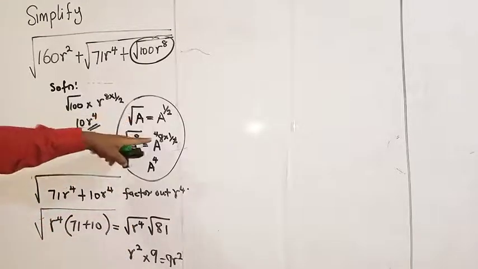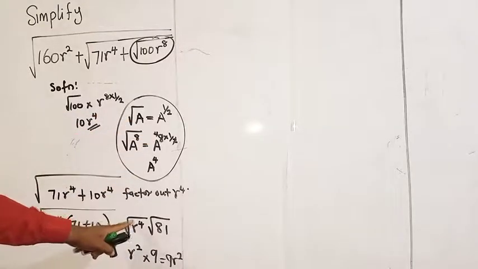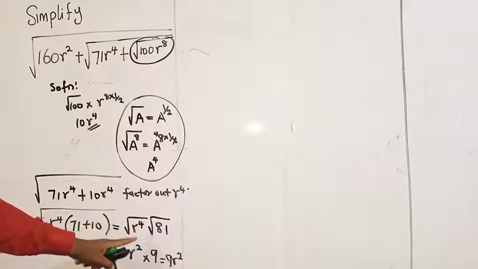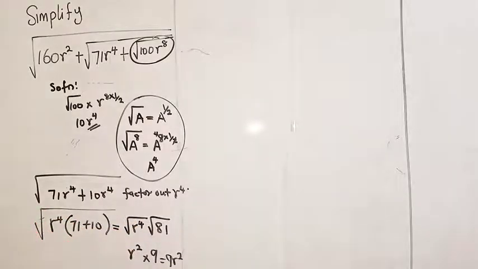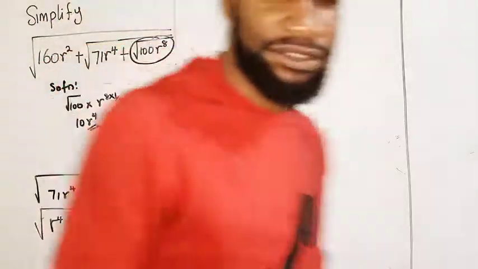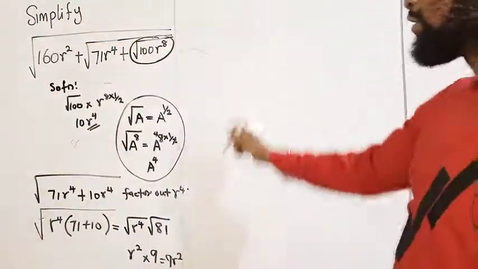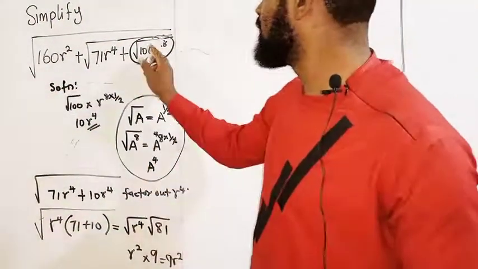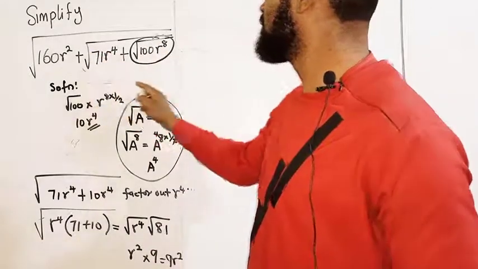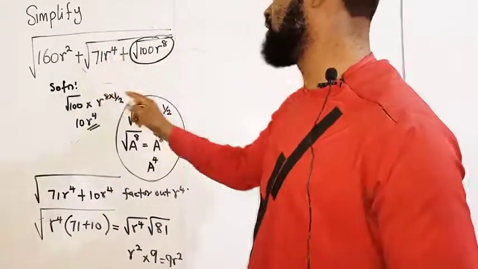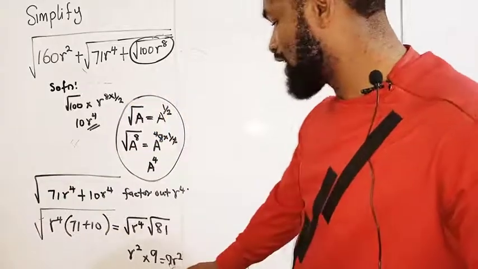It's still this problem whereby the square root is 1 over 2. 1 over 2 multiplied by 4, you are going to have 2 on top. So that is how I have this. So let's move on. I have simplified everything here, and it has been simplified to be 9r squared.